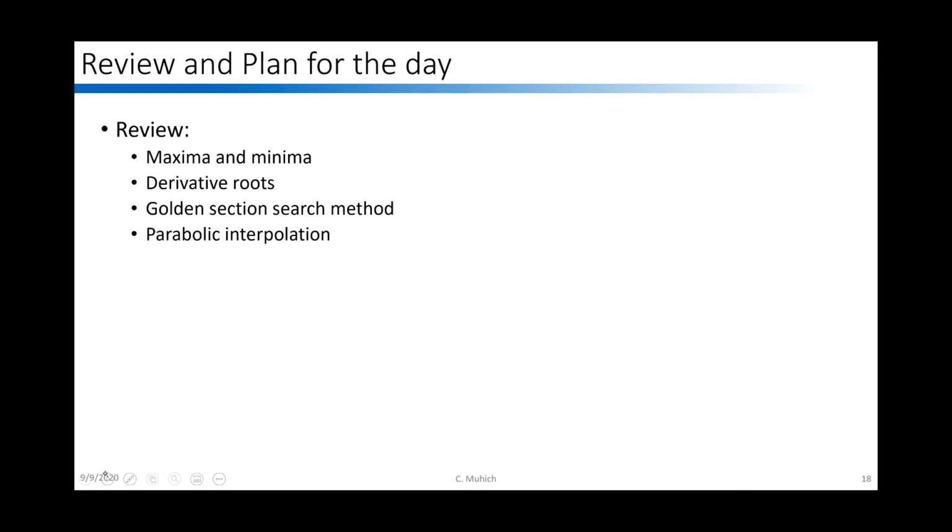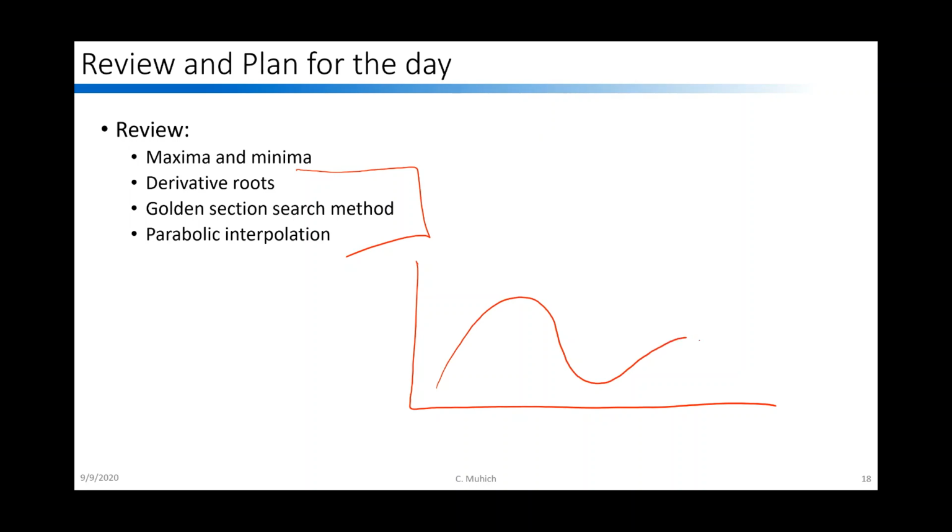Last point I want to make is, as you've seen through these last few search algorithm procedures, we're required to make a guess. And based on where we make that guess, we may find a local maxima, a local minima, or the global maxima. This is one of our problems with all of these optimization searches.